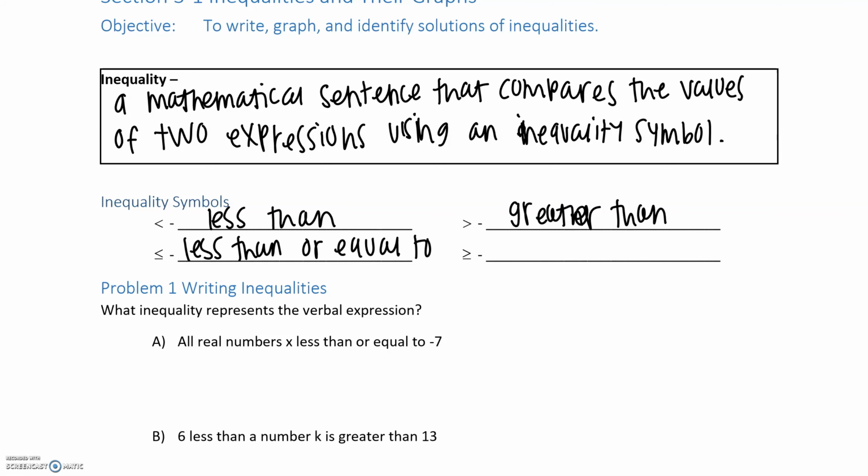Okay, and a caret pointing to the right with a line under it means greater than or equal to. Okay, so the biggest thing we need to see here is that the open side of the caret should always be pointing towards the larger side, okay?